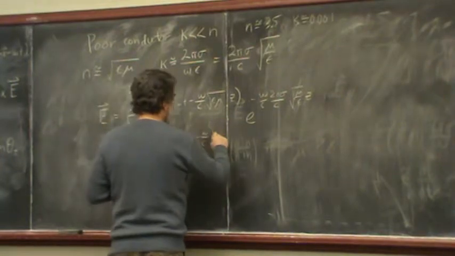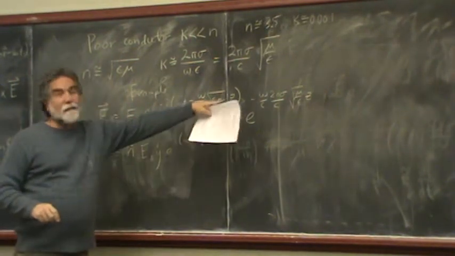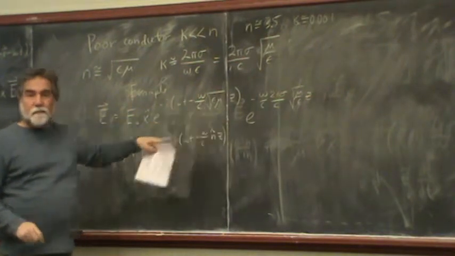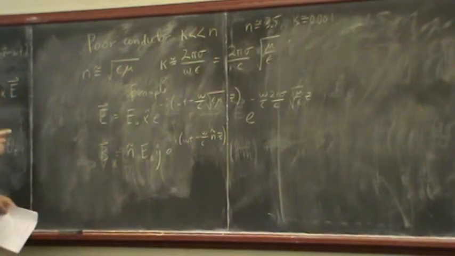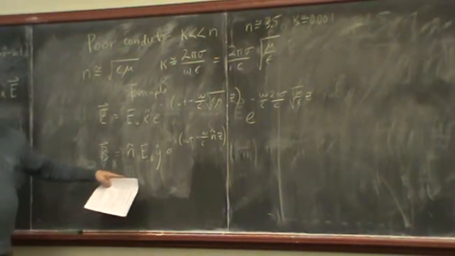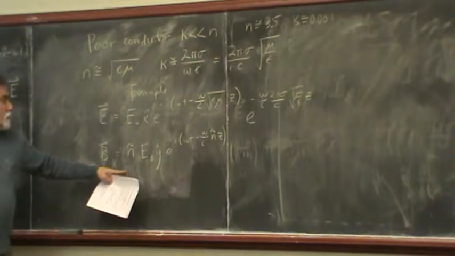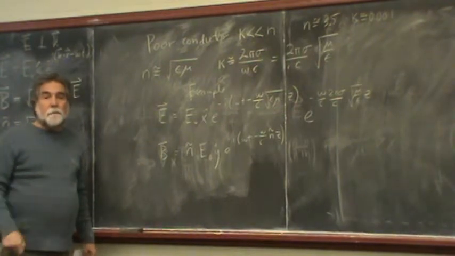And I'll just cheat here and write the complex index of refraction, I'm not splitting it out. The e to the i terms are the same, but there's an index over there, the square root of mu epsilon, an index of refraction term that is complex.